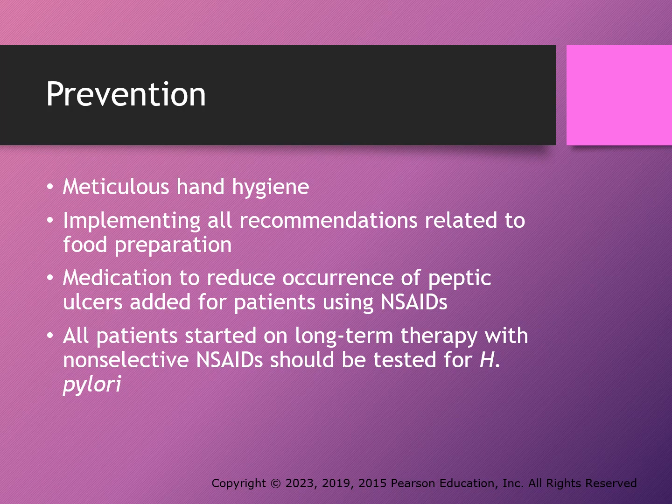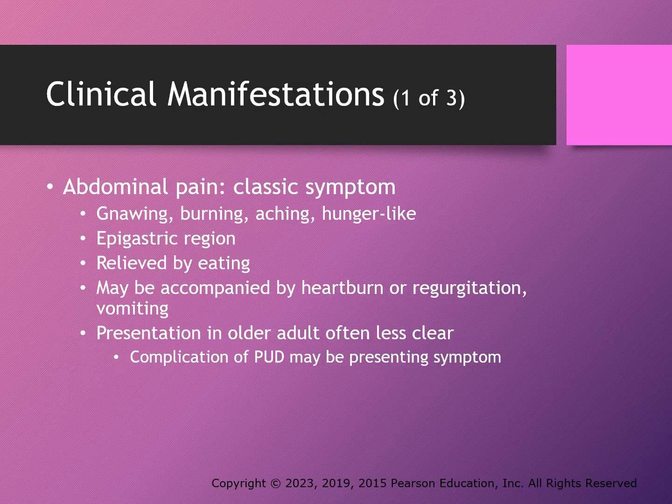All patients started on long-term therapy with non-selective NSAIDs should be tested for H. pylori regardless of their level of risk. And so this H. pylori is a big factor. It is an infection that is found in food and water, and guess what? We eat food and water, so it needs to be cooked properly, and we need clean drinking water.